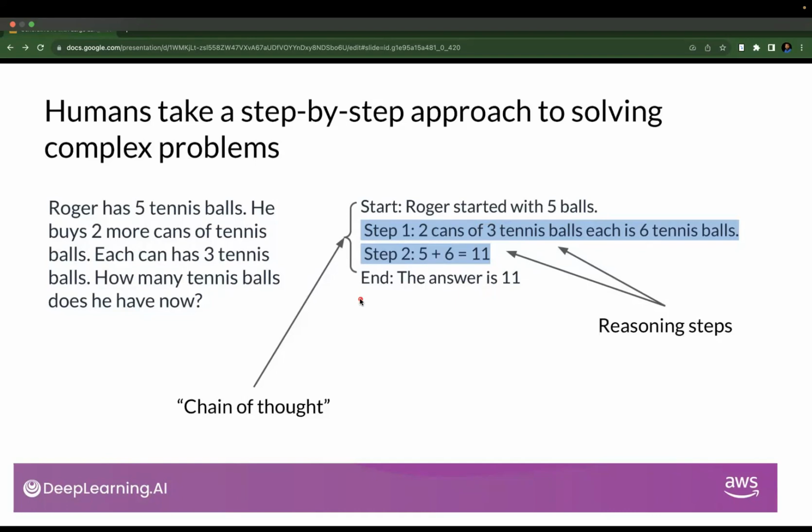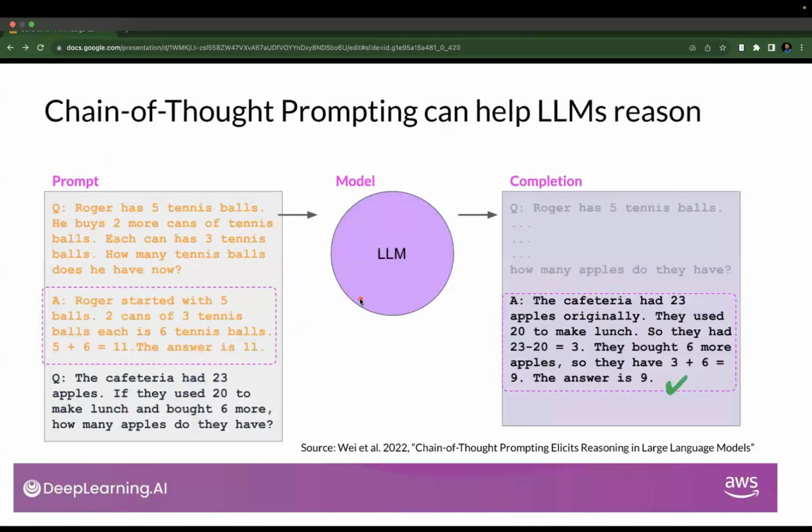We can use this approach to enable our LLM to think in a chain of thoughts approach. So one way is we can give this as one shot inference, like this is the question. So in order to solve questions like this, these are the steps you have to follow. And then you ask the final question.